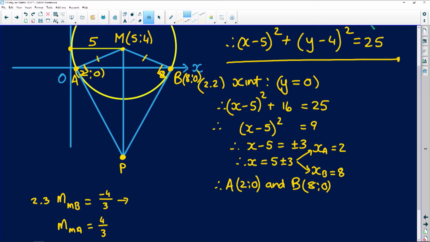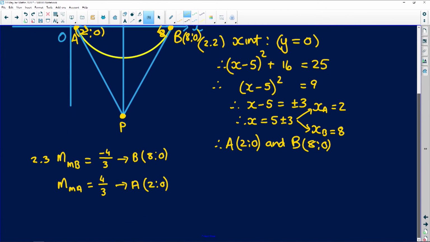Then we also have that this passes through point B, which is the point 8, 0. And this one passes through point A, which is 2, 0. Okay, so I'm ready to find the equations of those tangents. So the tangent at B is the first one I'm going to find.